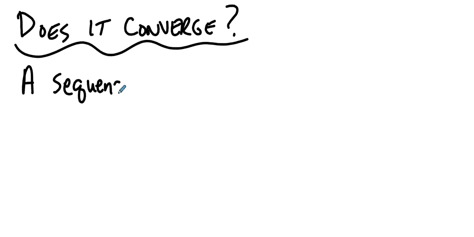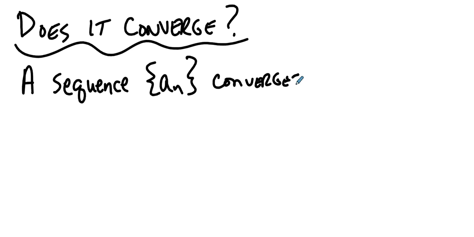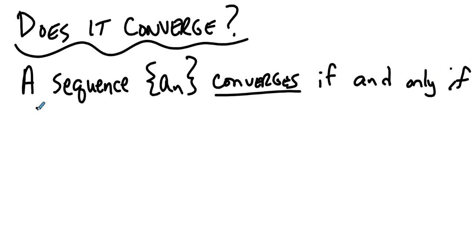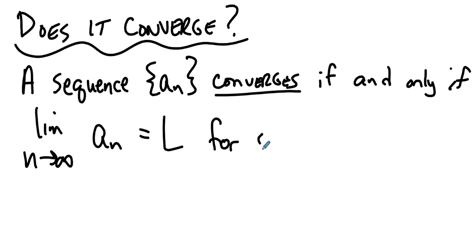We say that a sequence a sub n converges if and only if the limit as n approaches infinity of the terms of the sequence is L for some finite L. In other words, if you take the limit at infinity and the terms settle down at some finite number, then the sequence converges, and otherwise the sequence diverges.